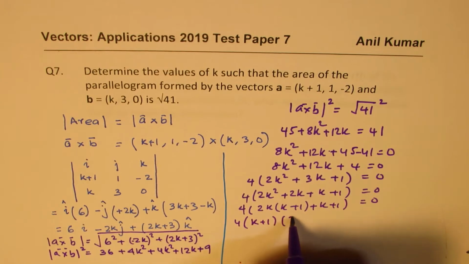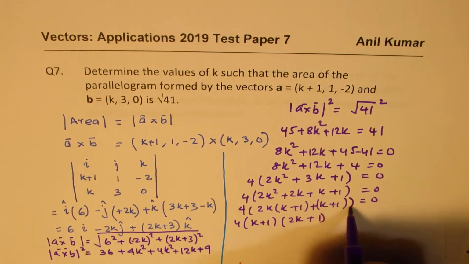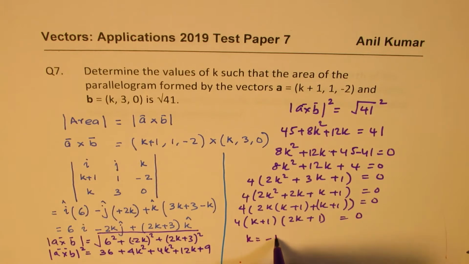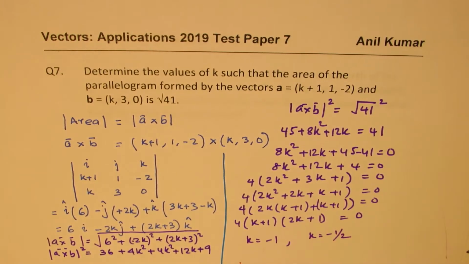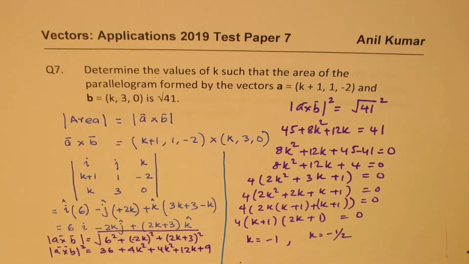So we have 2K plus 1, correct? So that is equal to 0. Now from here we get two solutions: one is K equals minus 1, the other is K equals minus half, correct? So these are the two values which will give you the area of square root 41. Is that clear to you? So that's how we'll solve.